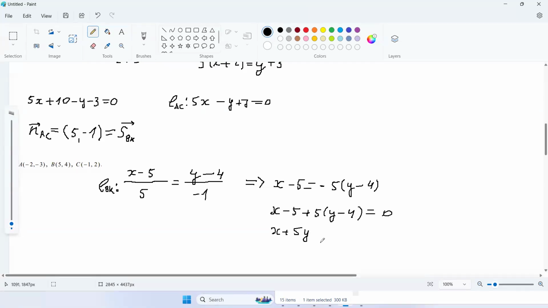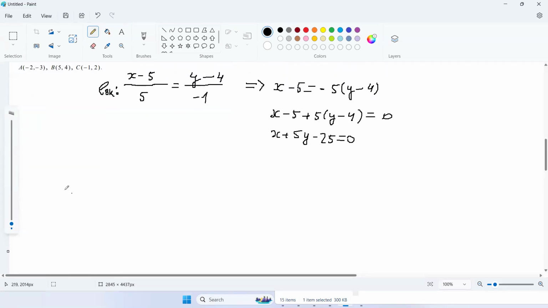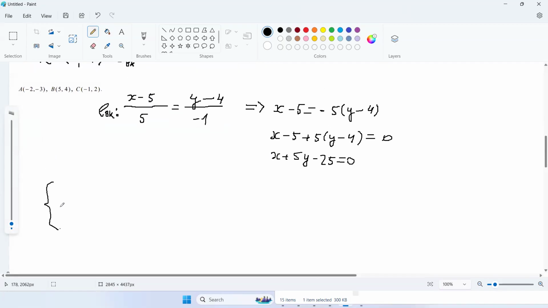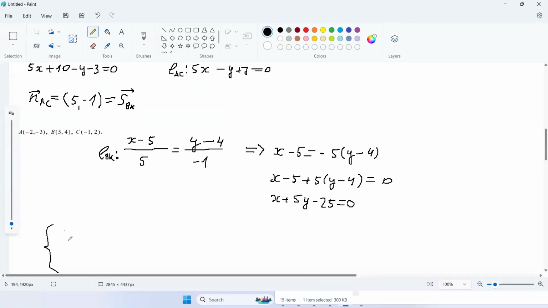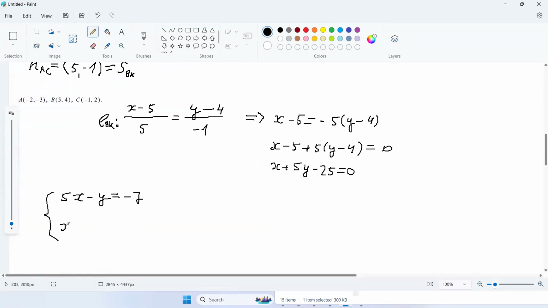Minus 25 equals 0. Okay, and now let's write the equations. 5x minus y equals minus 7. X plus 5y equals 25.